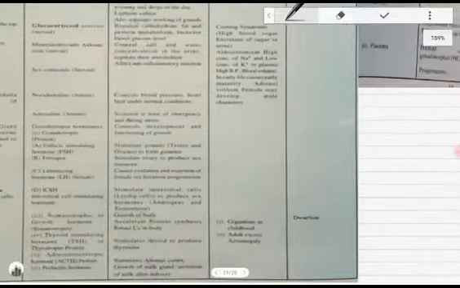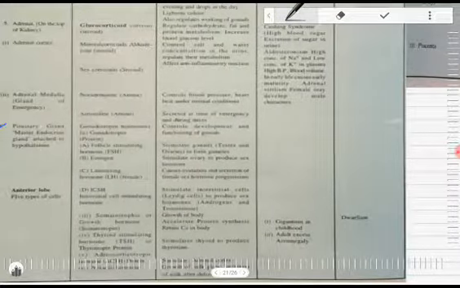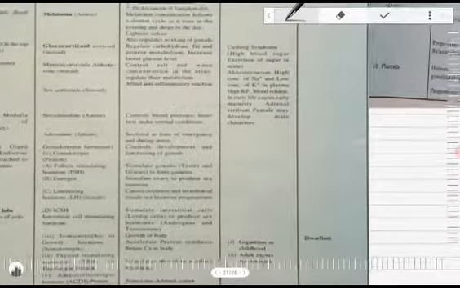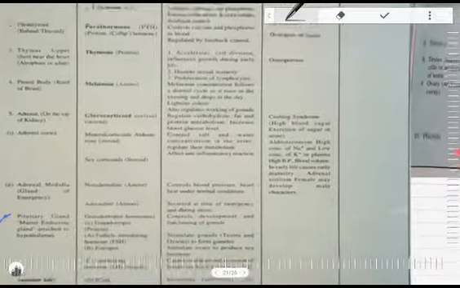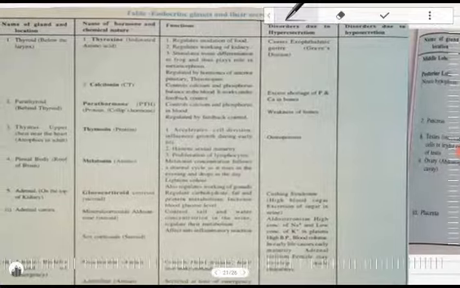Due to shortage of time, you can pause the video and note it down from here. Okay, different sections you can note it down. This is a very important table.